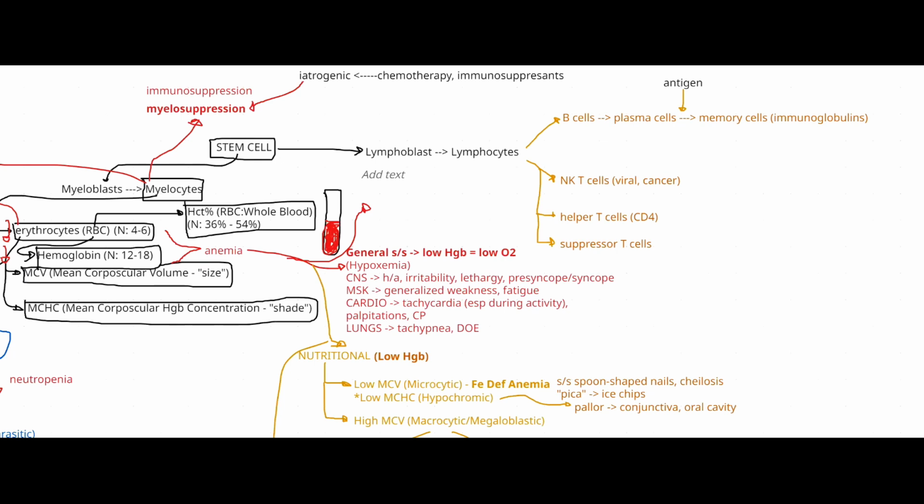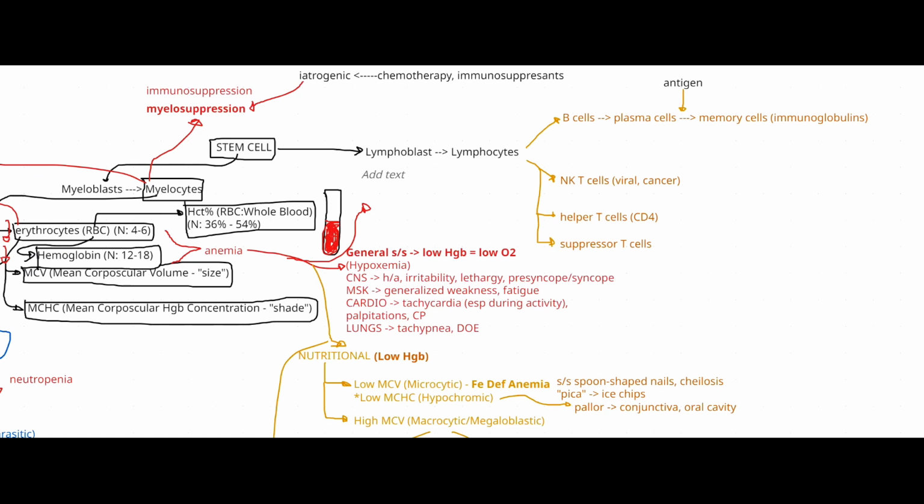Normal MCHC, but low, down here, low hematocrit, low RBC. Obviously, it'll be low hemoglobin because the RBC is low, okay? So when do we see this instance? Acute bleed. Okay. Hypovolemia.